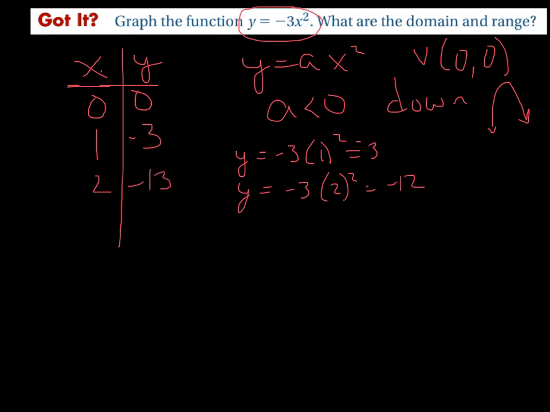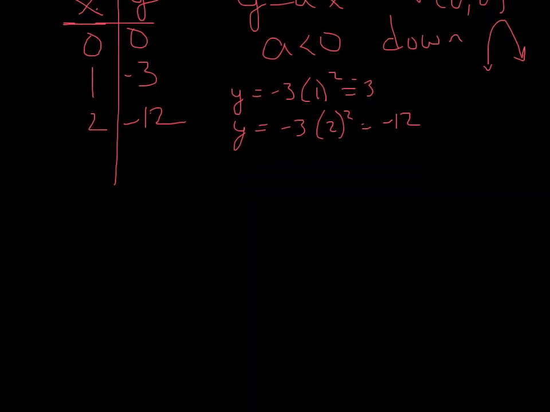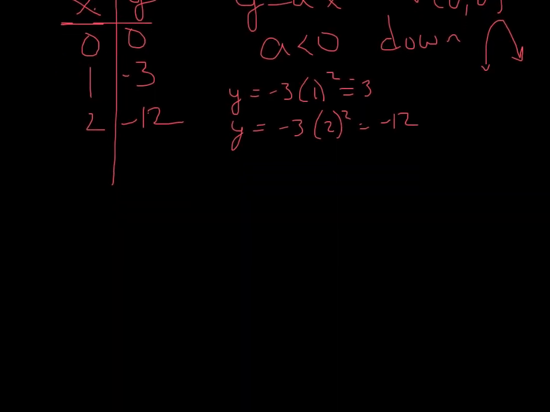So you can see that even though x only increased by 1, our y value is changing quite a bit, from negative 3 to negative 12. So we're going to use that idea of the symmetry, and we're going to sketch the graph here.